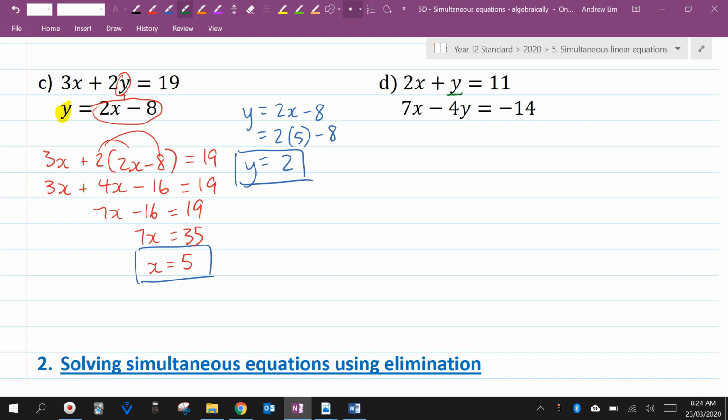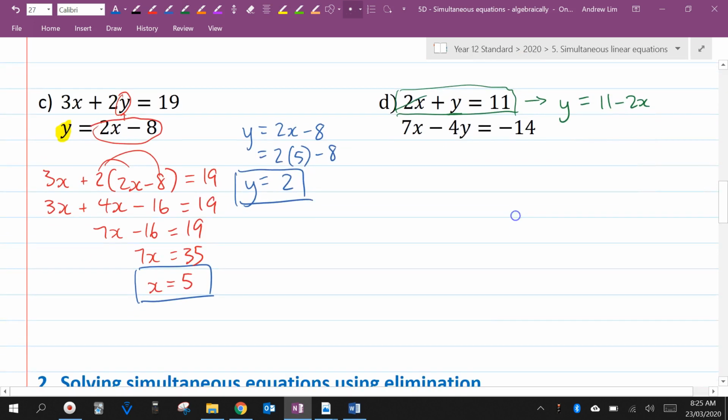So I'm going to rearrange this entire equation so that y becomes the subject by minusing 2x from both sides. So if I minus 2x from both sides, I'll get that. Okay, because if I minus 2x, I'll get rid of this, and I just need to write my minus 2x here.